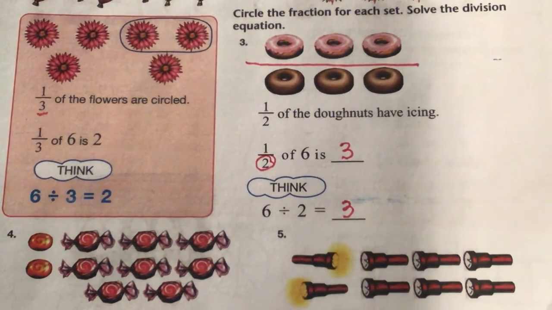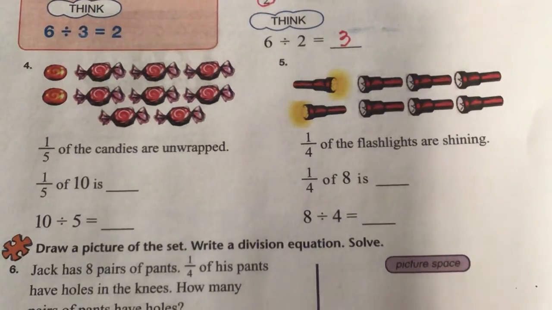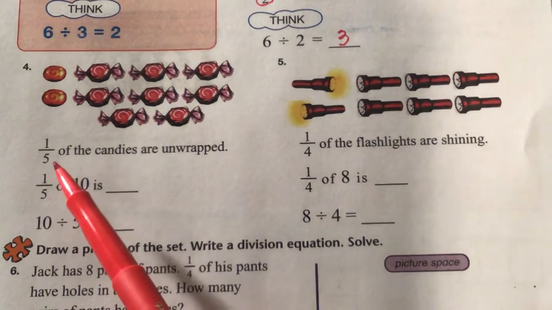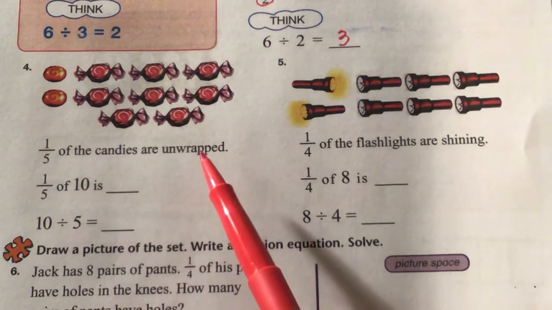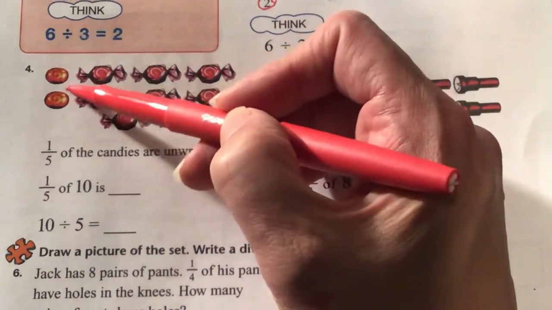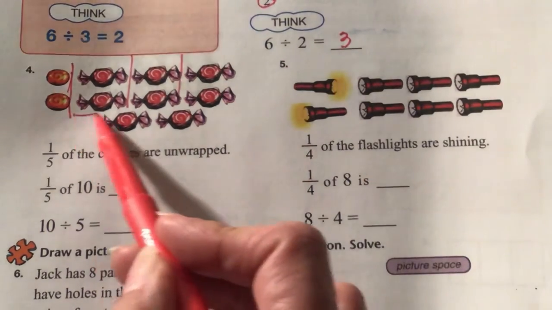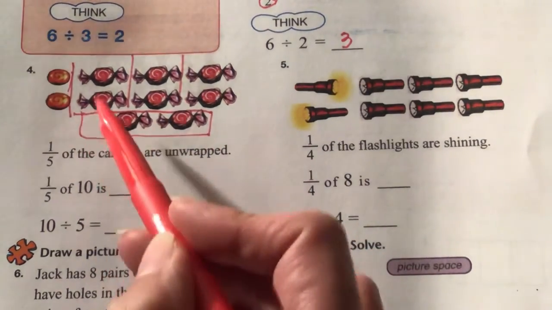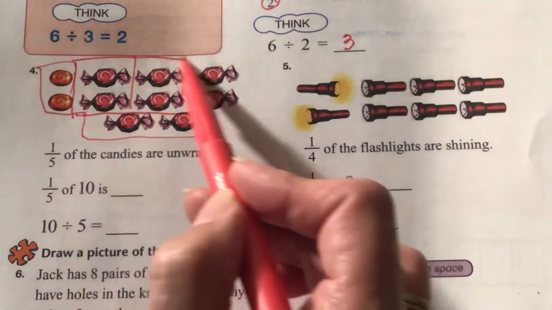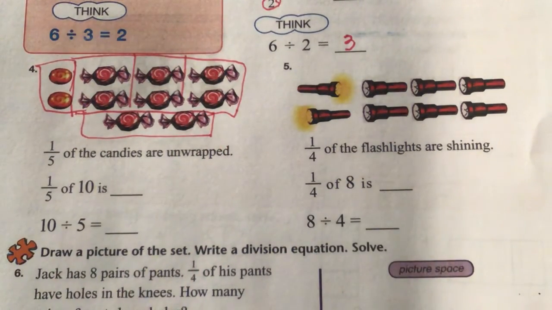So let's do some. They have some candies and some flashlights. We'll do some actual practice with real life objects. Here it says 1/5 of the candies are unwrapped. So if I take these candies and I divide them into 5 equal groups, and then my 5th group's down here, right? You see that? So in each box, I have the same number of candies.